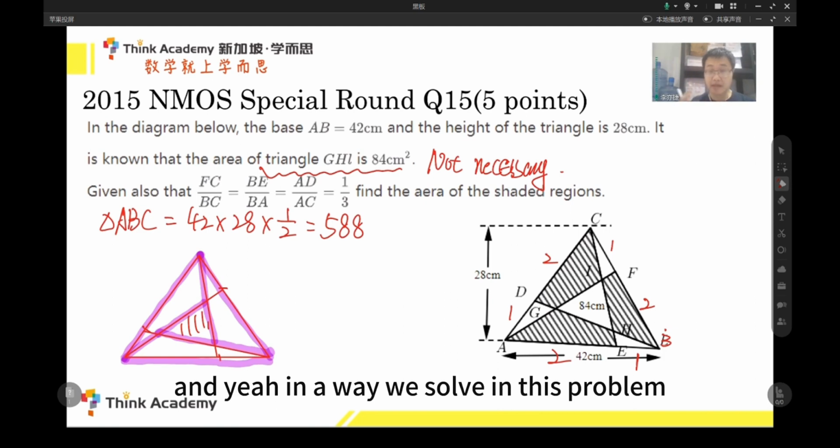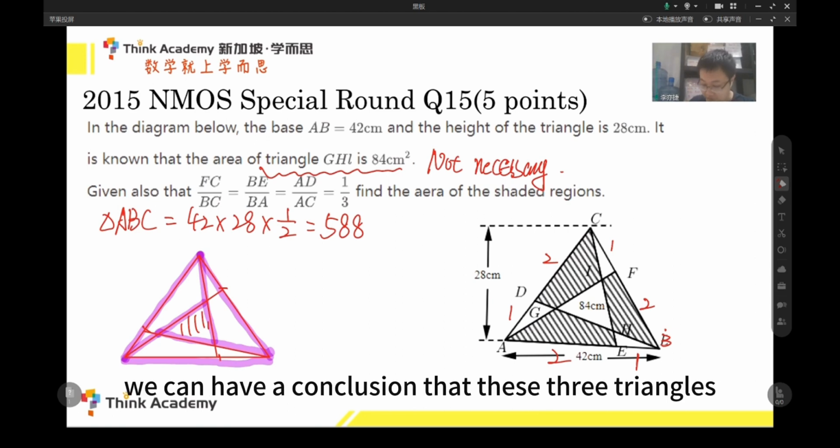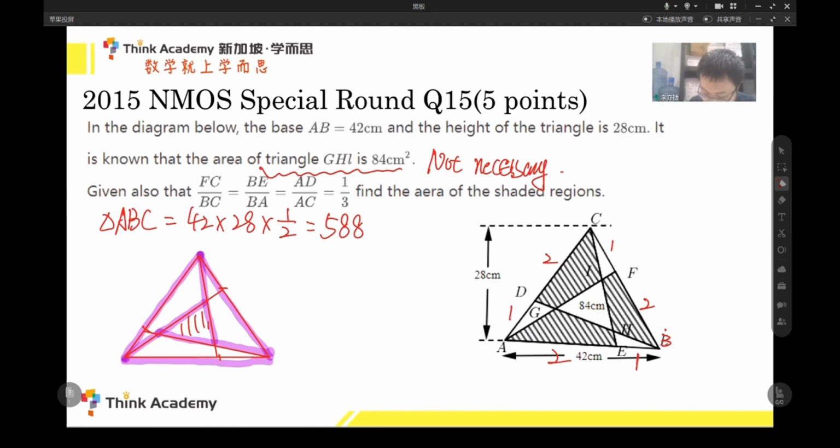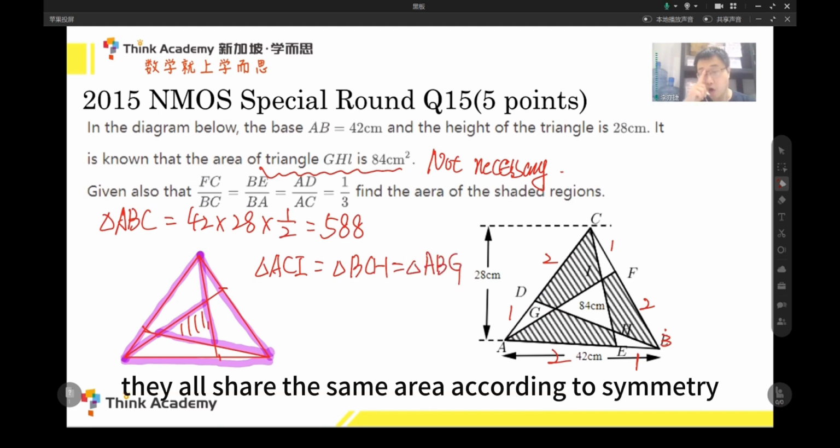In the way we solve this problem, we can have a conclusion that these 3 triangles, ACI, BCH, and ABG, all share the same area according to symmetry.